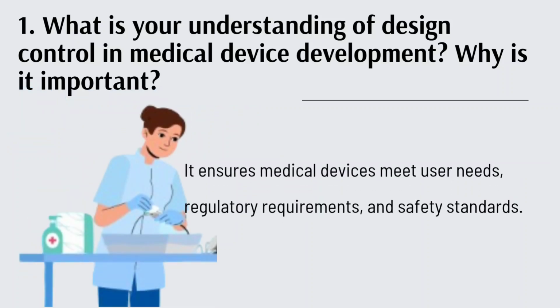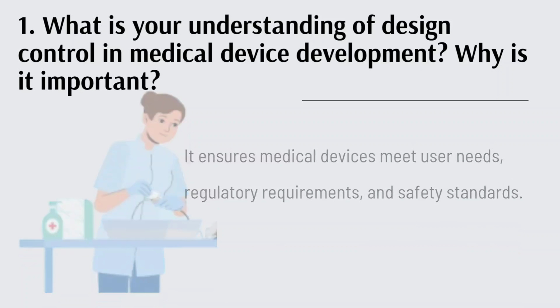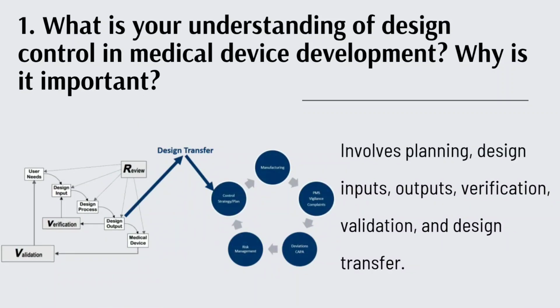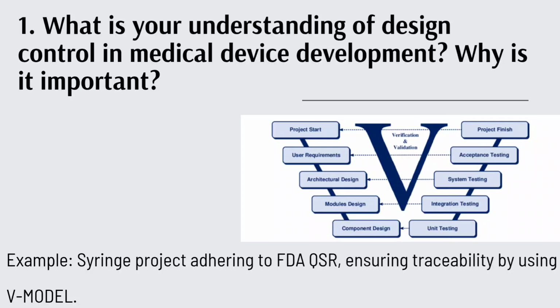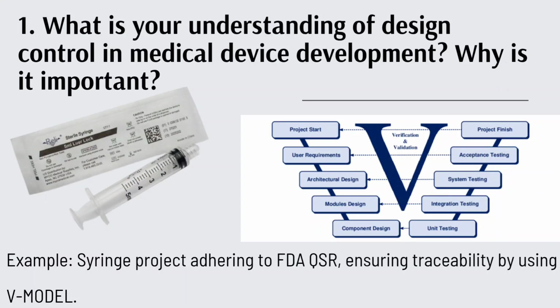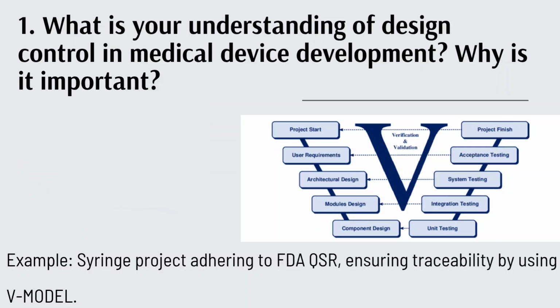It involves phases like planning, design inputs, outputs, verification, validation, and design transfer. It's crucial because it reduces risks, ensures compliance, maintains traceability, and ensures that devices are safe and effective when released into the market. For example, while working on a syringe project, we adhered to FDA QSR to document every step, ensuring traceability from inputs to validation.